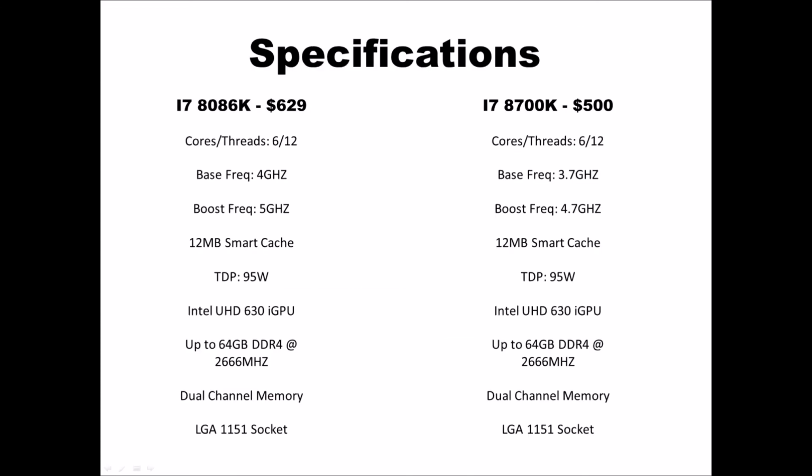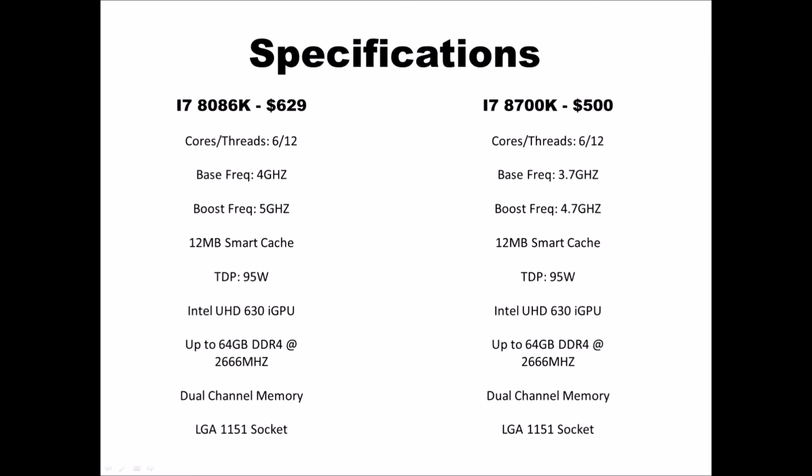So let's have a quick look at the specifications. Both CPUs are 6-core 12-thread chips. The 8086K comes in at 629 Australian dollars, with the 8700K coming in at 500 Australian dollars. The 8086K has a base frequency of 4 GHz and it turbos to 5 GHz, whereas the 8700K has a base frequency of 3.7 GHz and a boost frequency of 4.7 GHz.